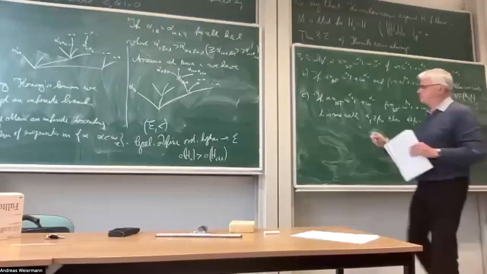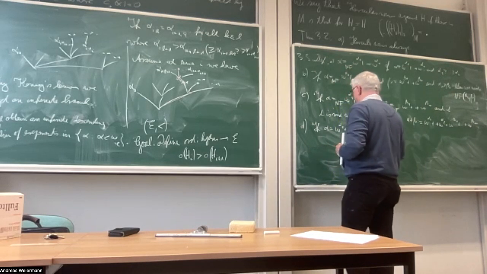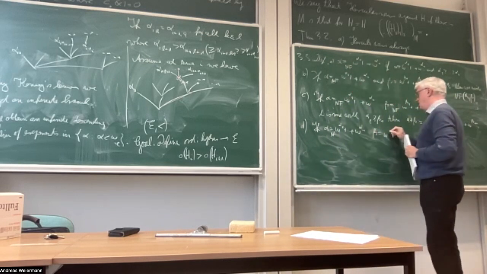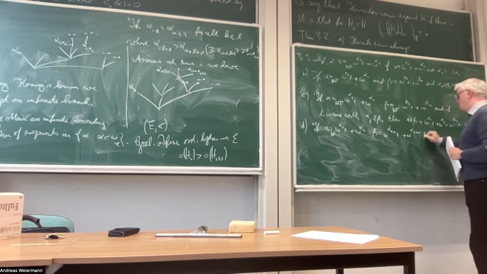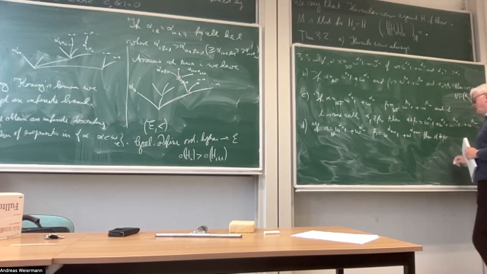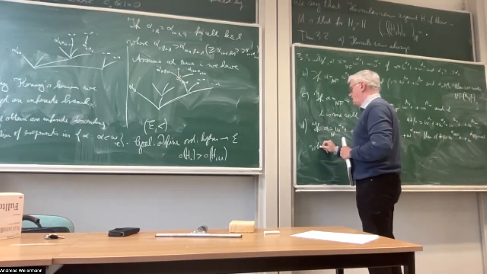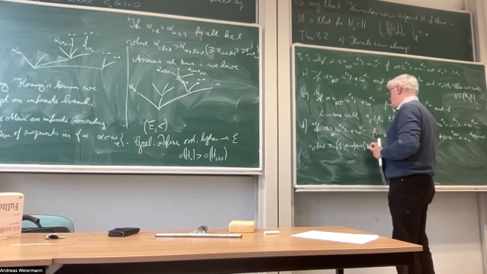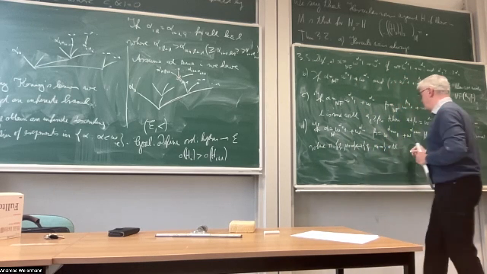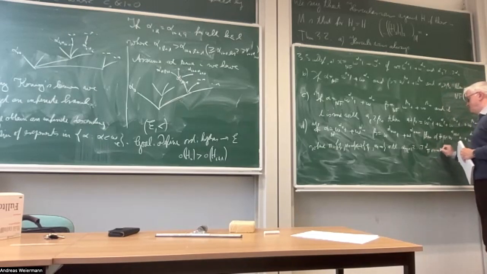Okay, and if alpha is of the form omega to the alpha 1 plus ... plus omega to the alpha n in normal form, and beta is of the form omega to the alpha n plus 1 plus ... plus omega to the alpha n plus m, then alpha plus beta is omega to the alpha p1 plus ... plus omega to the alpha n plus m, where p is a permutation of the numbers such that the exponents are ordered.